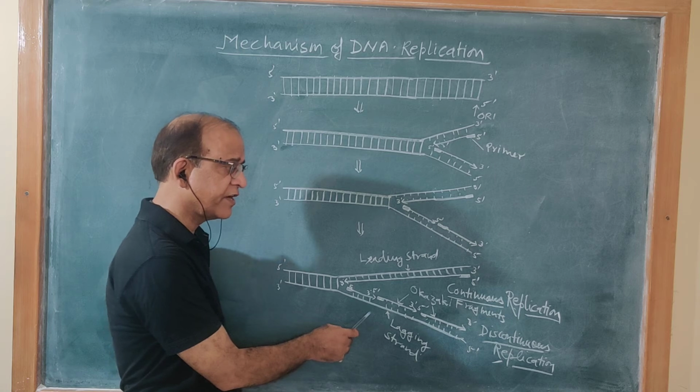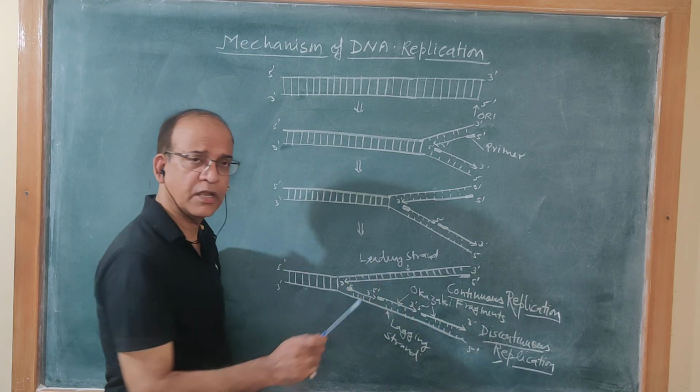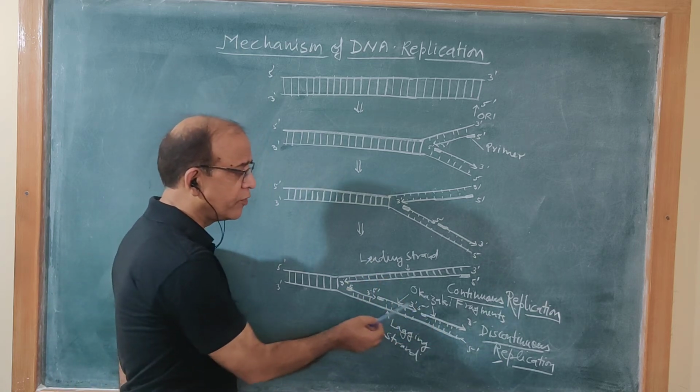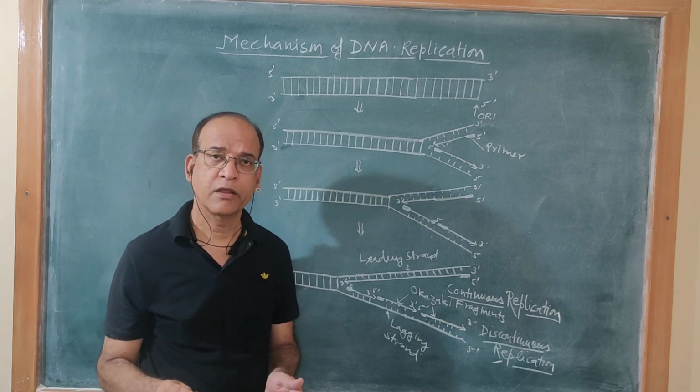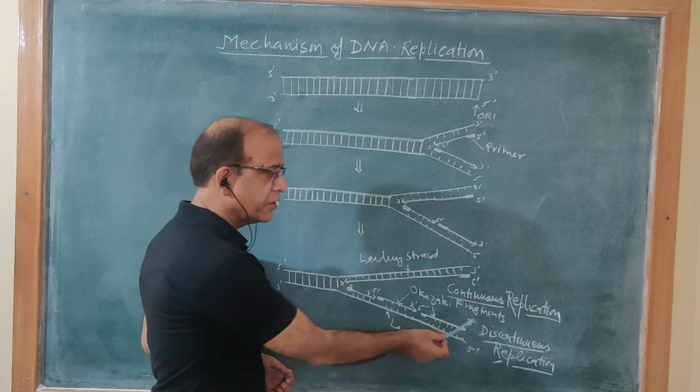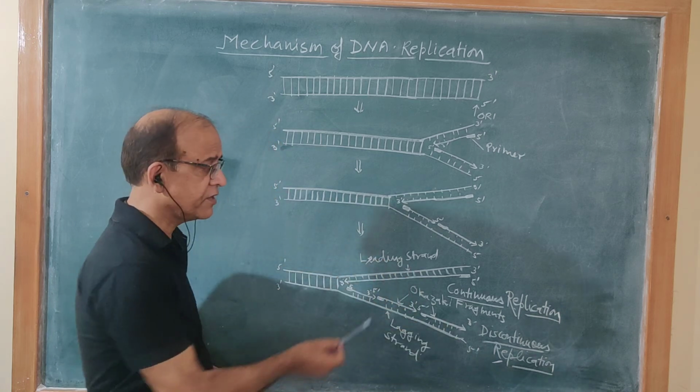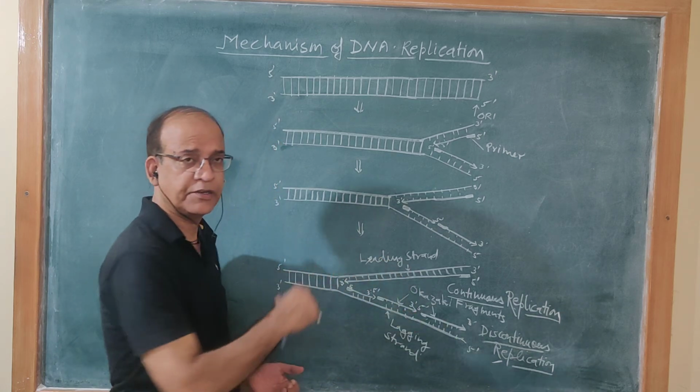On the lagging strand, the discontinuous replication takes place in the form of small pieces. These small pieces of DNA synthesized during discontinuous replication are called Okazaki fragments.